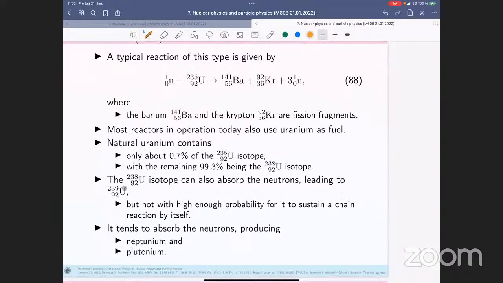It may hit 238 and you can get some energy, but there is no other neutron to hit the next 239 uranium isotope, so it will not take place automatically.